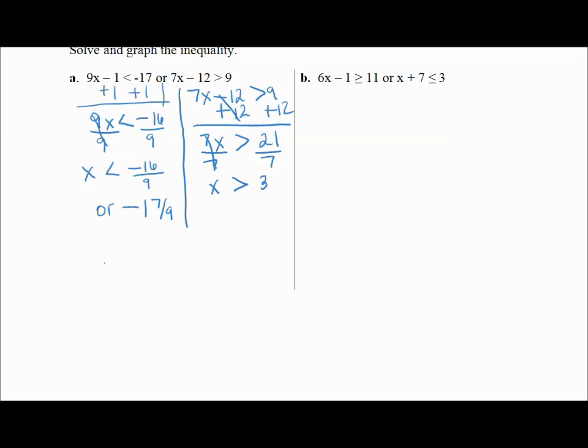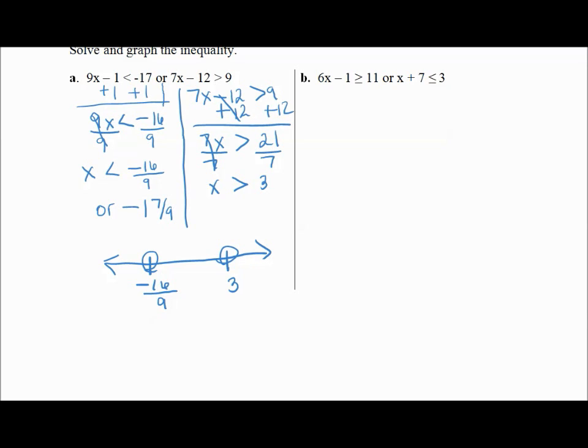Okay, so now the only thing that I'm lacking is my graph. So here I would have negative 16 over 9, using the fraction. And over here I would have 3. Those answers are not included in the solution, therefore I don't need to shade in my circle.